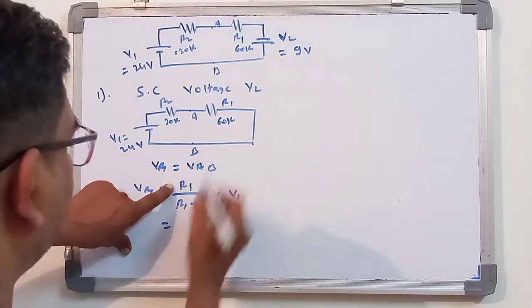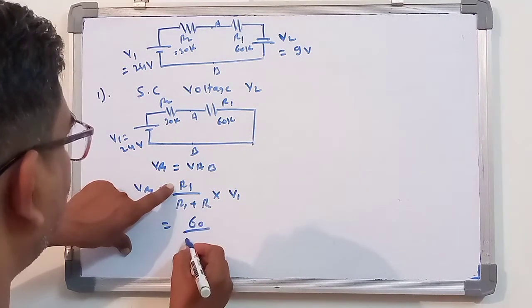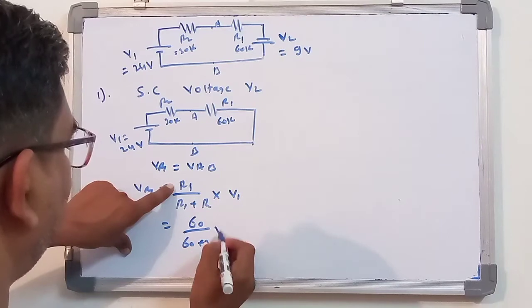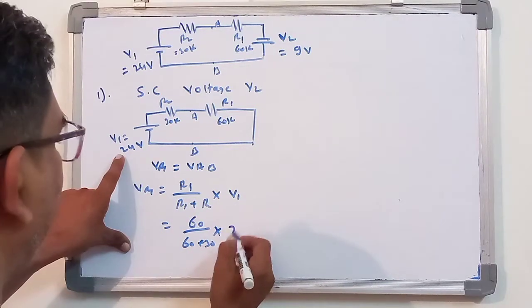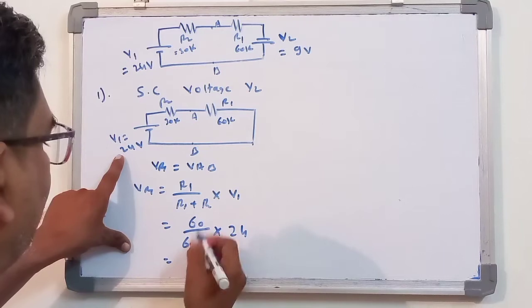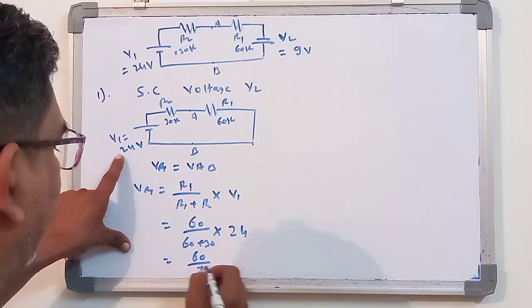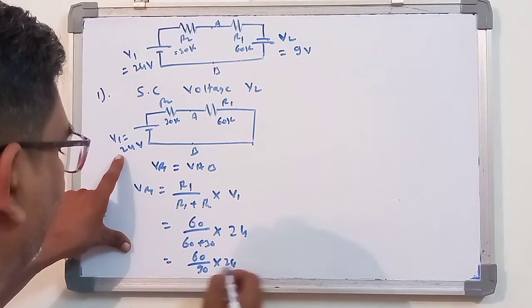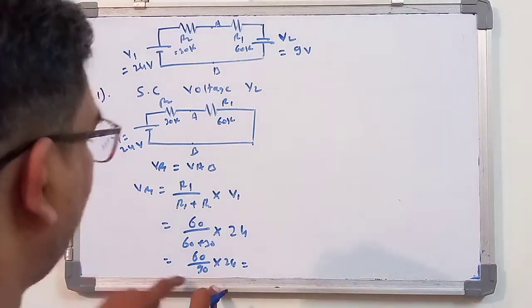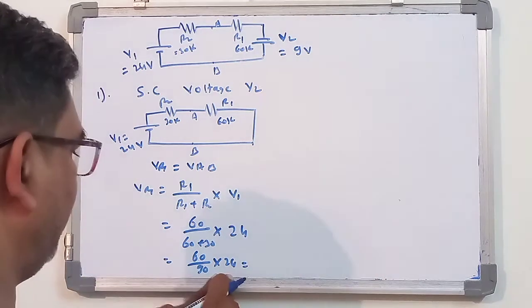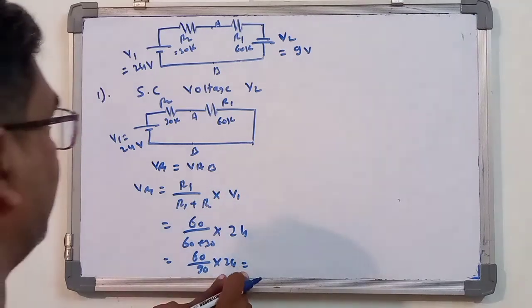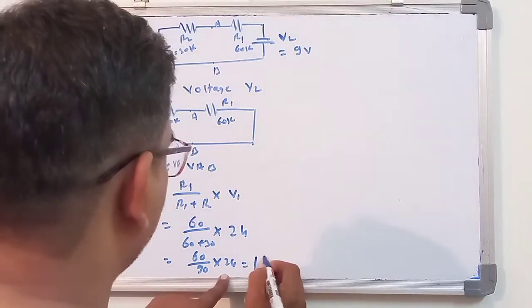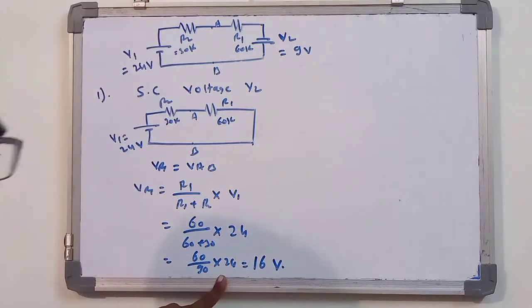It is 60 divided by 60 plus 30 multiplied by V1, which is 24 volt. So 60 divided by 90 multiplied by 24. After solving, you will be getting 16 volt.